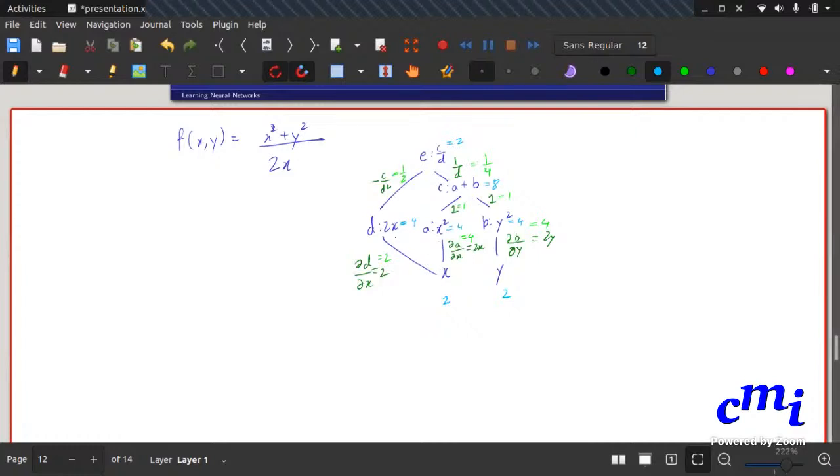Now if we look at the partial derivative, let's say we are looking to calculate delta E by delta X. Again, we look at all the paths. In this case, there are two paths. The first path will give us half times 2, plus the second path, which is going to give us 1/4 times 1 times 4.